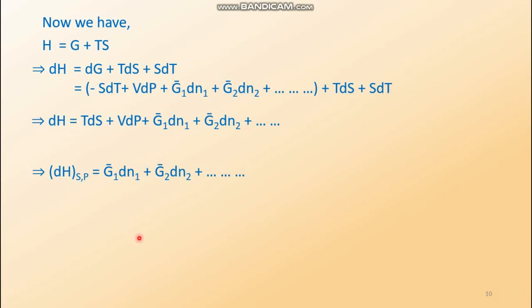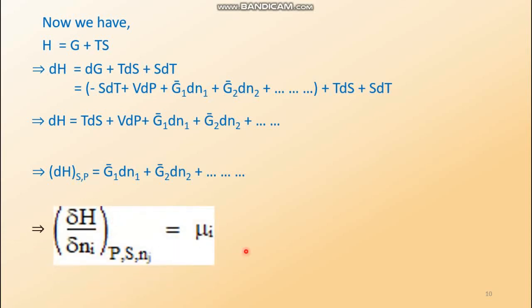That's why I've used the term penultimate here. So dH at constant entropy and pressure. Look, in the HI bar expression you had temperature and pressure, but here entropy and pressure, not temperature and pressure. And here is the final expression, which is known as the chemical potential.